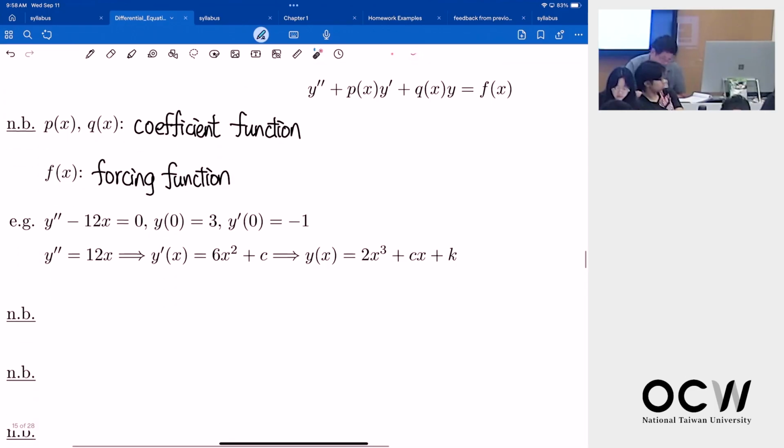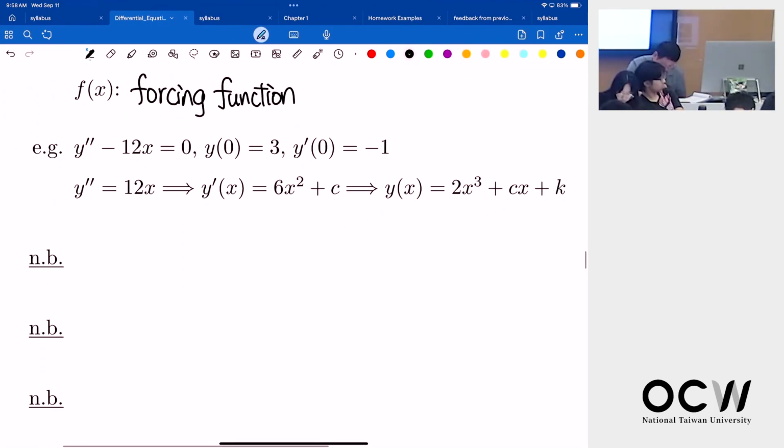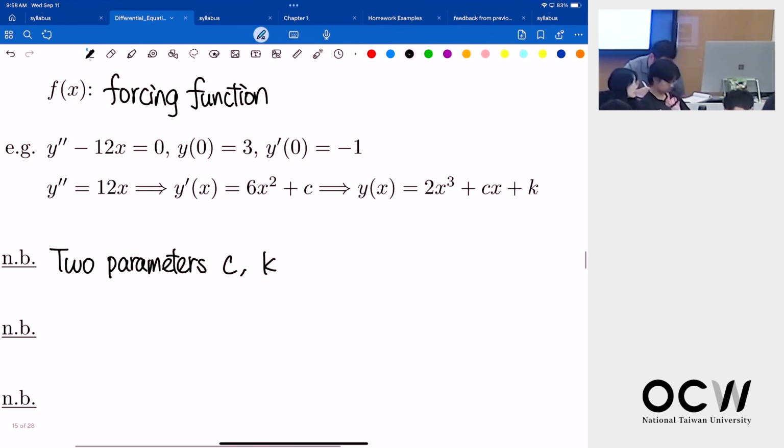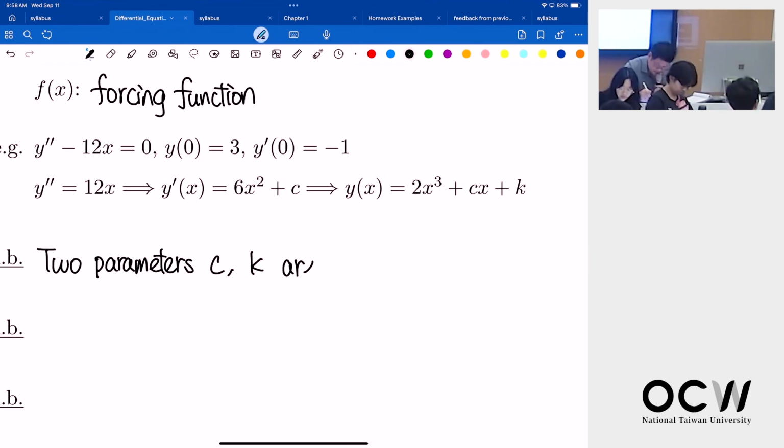Okay? So here we have two parameters, c, k, and these c, k are independent. They won't affect each other.